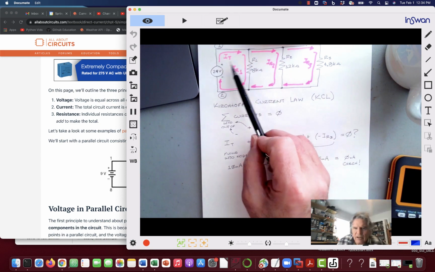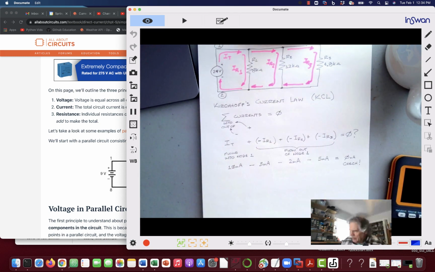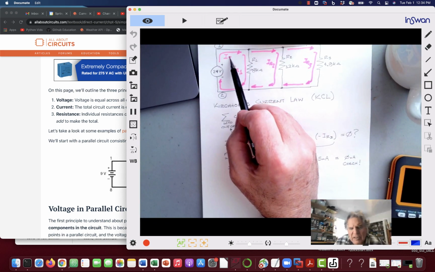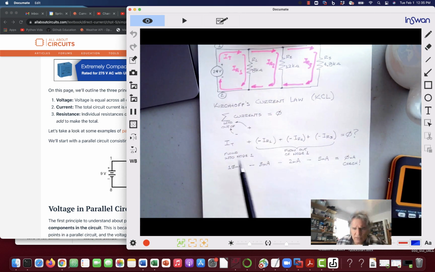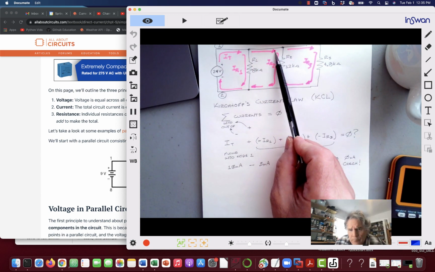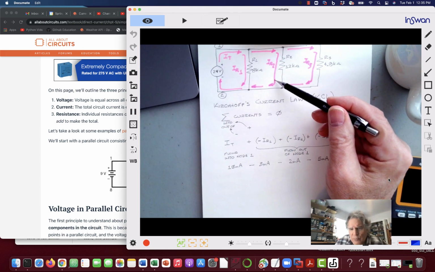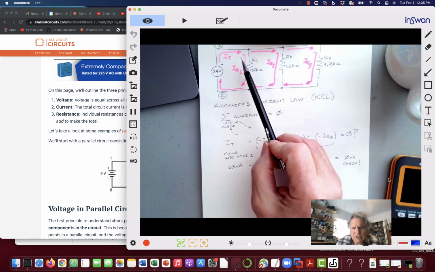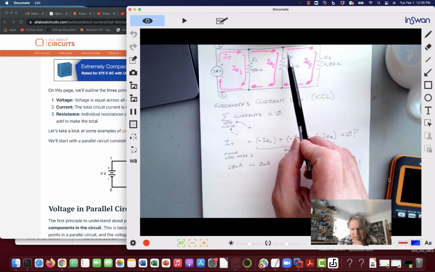Well, I've already seen that when you do the whole thing, they all add up. But if you look at this current right here, this current is going to be IT minus IR1. Now IR1 is 3 mA, so you're going to have 7 milliamps flowing here. And that makes sense because this guy flowing down here is 2 milliamperes, and this guy is 5 milliamperes, which is 7 milliamps.